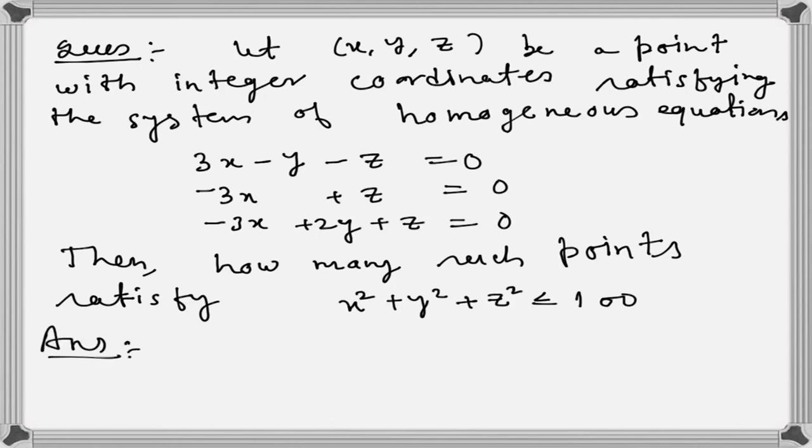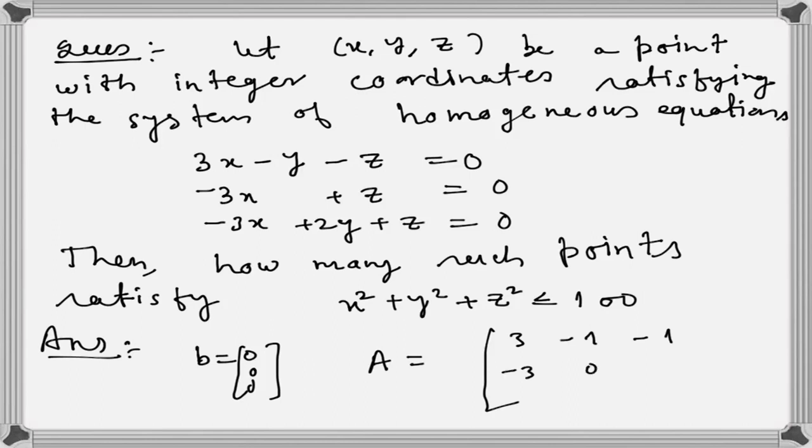Here, these are a system of homogeneous equations. A homogeneous system has b as 0, so b is the 0 vector, and A is 3 minus 1 minus 1, minus 3 0 1, minus 3 2 1.